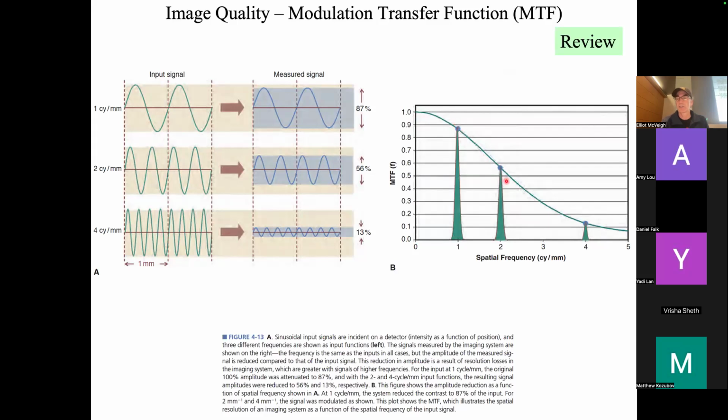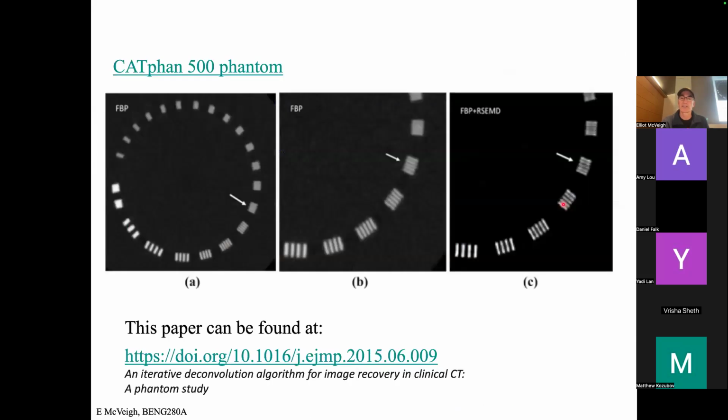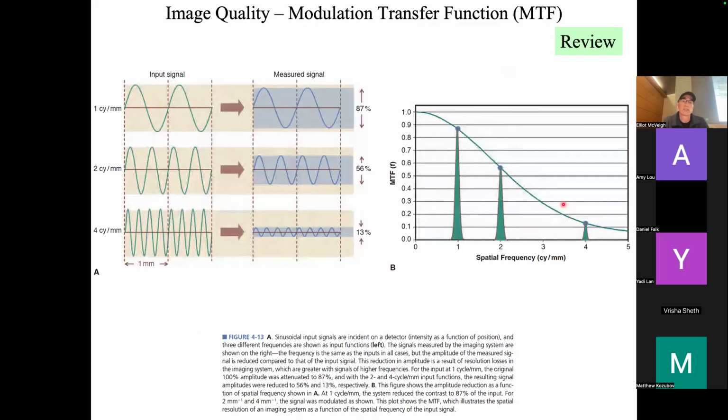So you can just measure the modulation transfer function on your system. For CT, the manufacturer will tell you, oh, our MTF hits 10% at 4.3 cycles per millimeter. That's the resolution of our system for this protocol.